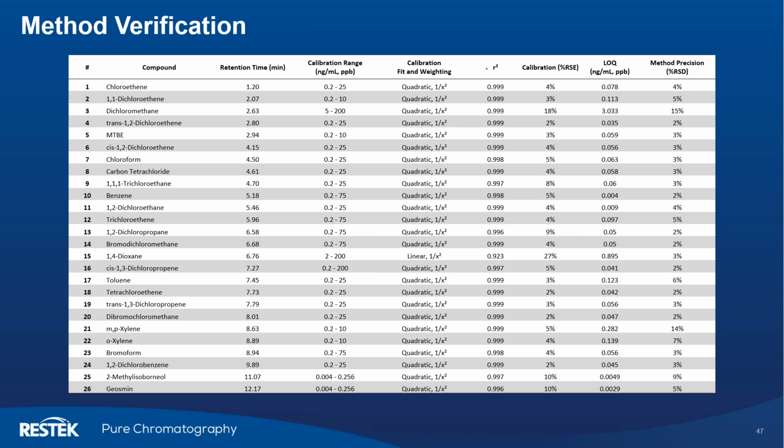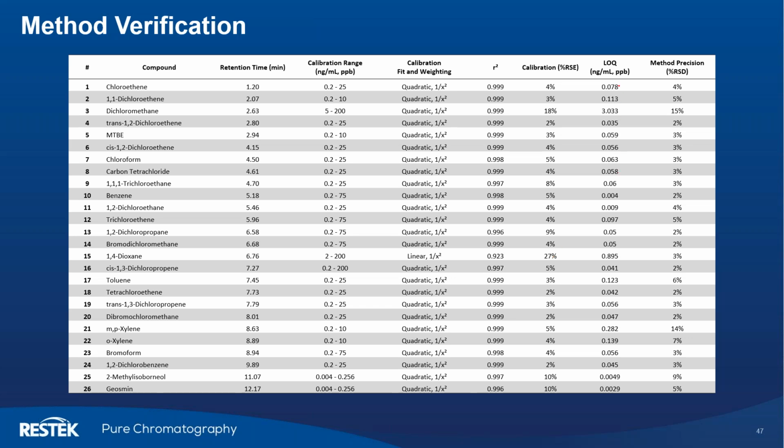We were able to achieve good R-squared values for each of these calibrations, and more importantly, very good percent residual standard errors for these compounds. For many compounds we were within 10% residual standard error, with only a few falling outside of that 10%, like dichloromethane, as well as 1,4-dioxane, which can be a problematic compound to begin with.